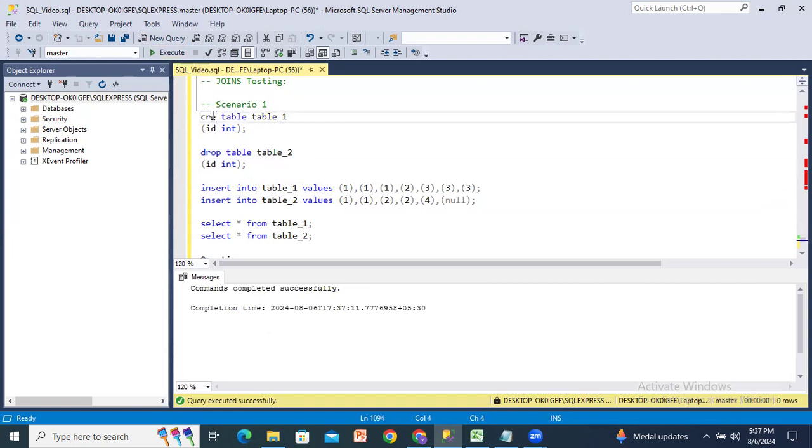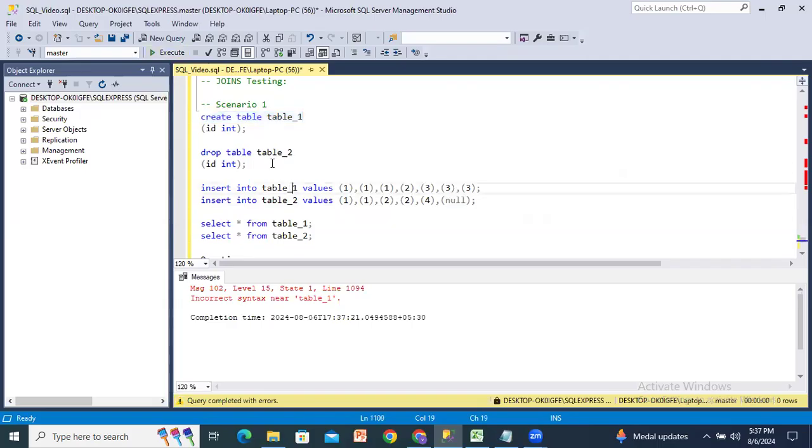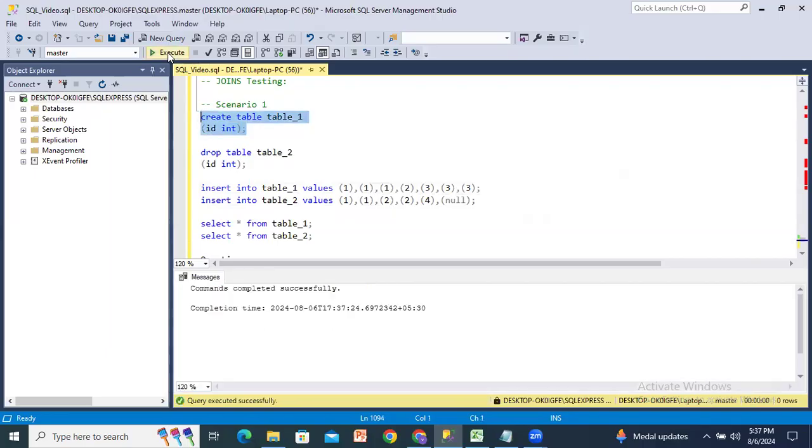Now I have to create the tables: create table, table 1, execute. Okay, table 1 created. Table 2 need to create. Table 2 done.